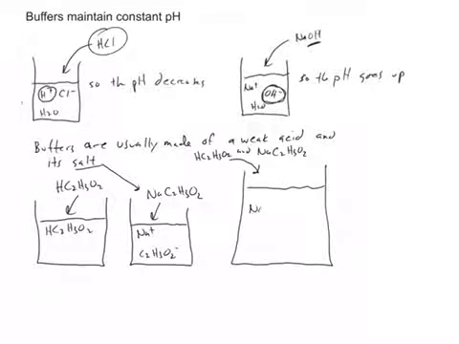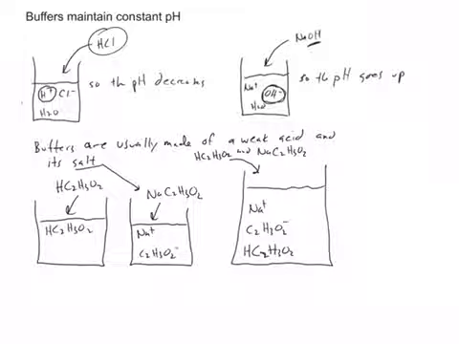We're going to have sodium ions, we're going to have acetate ions, because that's how sodium acetate dissolves, because it's a salt that's soluble. Soluble salts dissolve as ions. And then we're going to have the molecules of acetic acid.